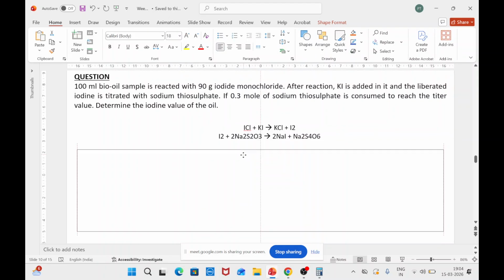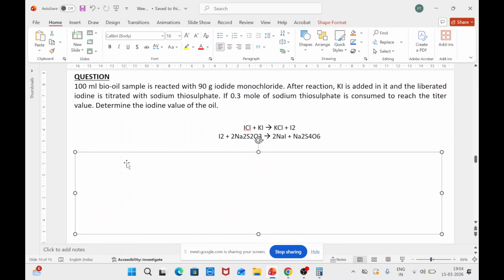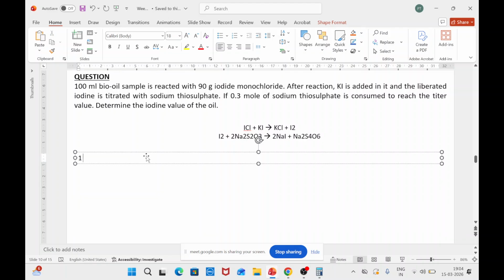As per the equation, for every 1 mole of I2, 2 moles of Na2S2O3 is consumed. So for 0.3 moles of Na2S2O3, how many moles of I2 will be consumed? The answer will be 0.15.